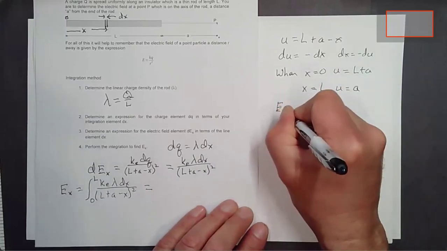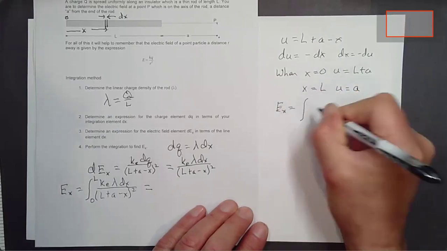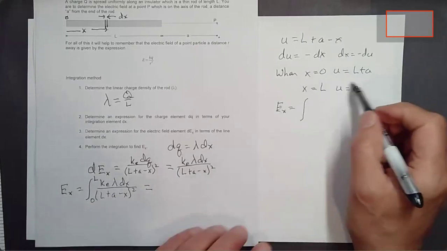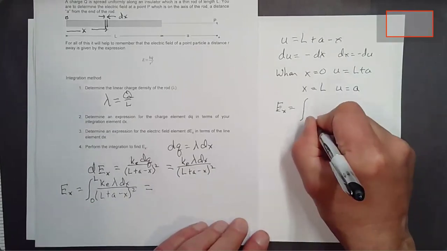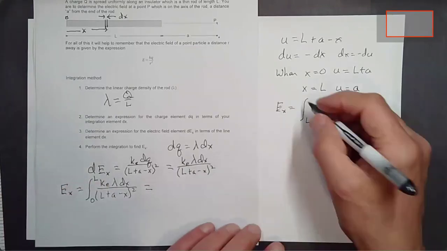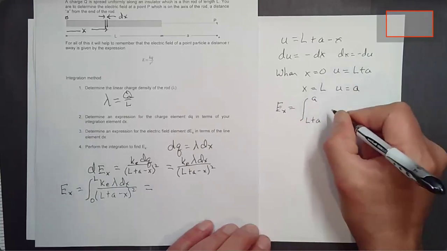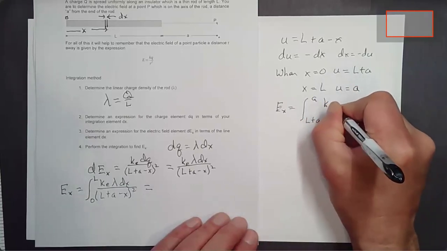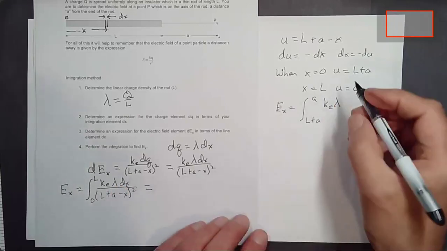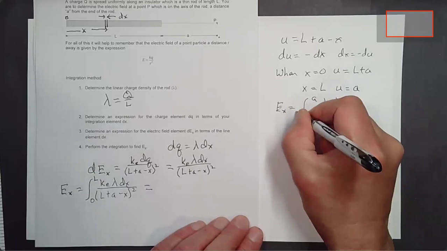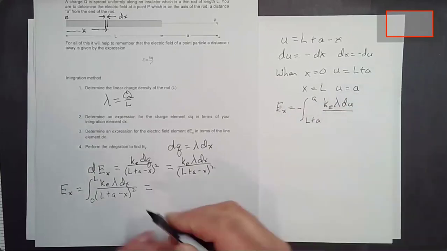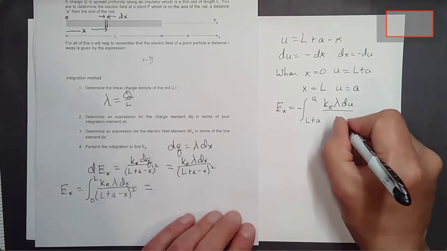The E sub x will then equal, replacing the 0 down here with L plus A, and replacing the L up here with A, and I'll have K sub E lambda dx is minus du, so I could put a minus sign in front of this thing and just put a du there. And then that's u squared, so I have u squared.